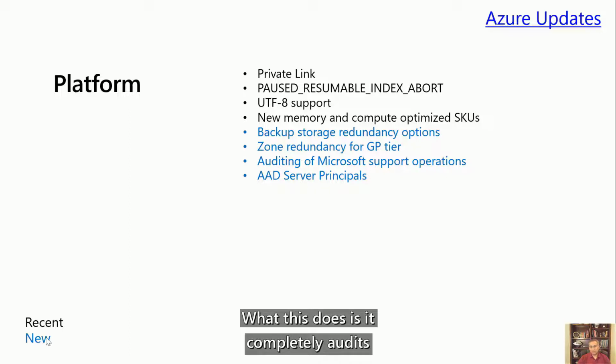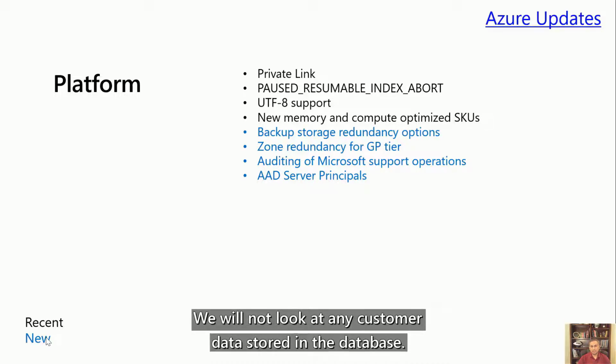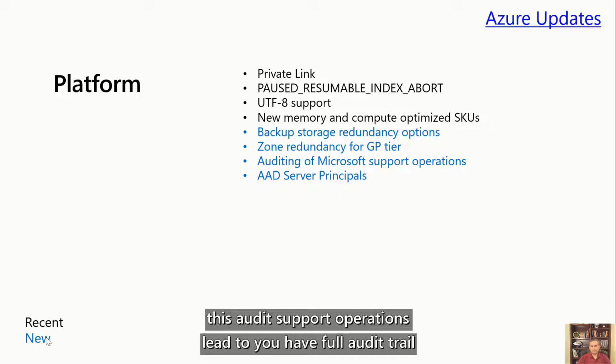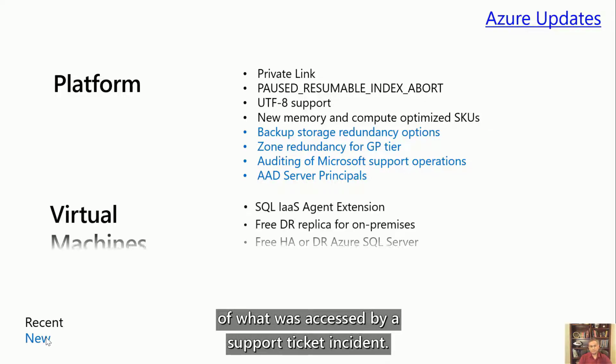What this does is it completely audits every activity performed by Microsoft, so that from a compliance perspective, you have full visibility on what data Microsoft is looking at. Again, remember, we only look at the diagnostic logs. We will not look at any customer data stored in the database. But just to give you extra peace of mind, this audit of support operations lets you have a full audit trail of what was accessed by a support ticket incident.